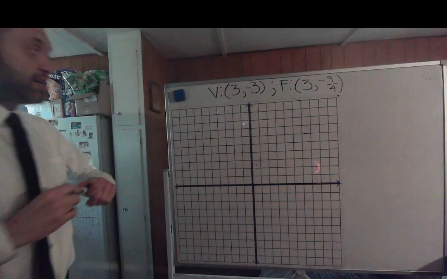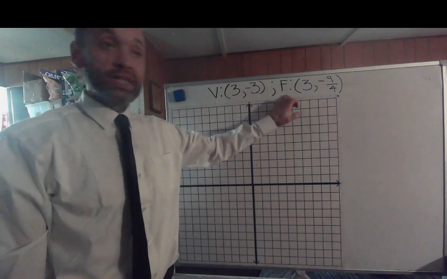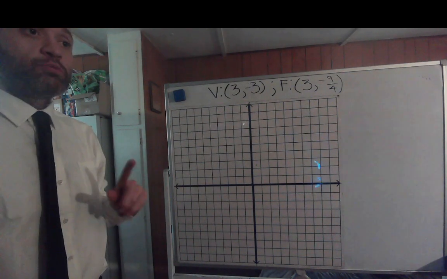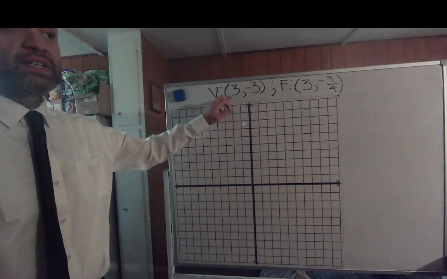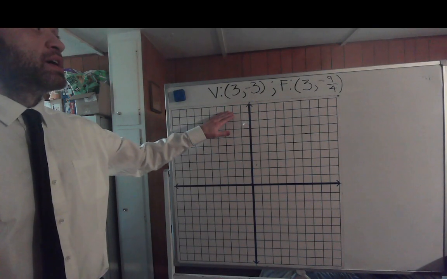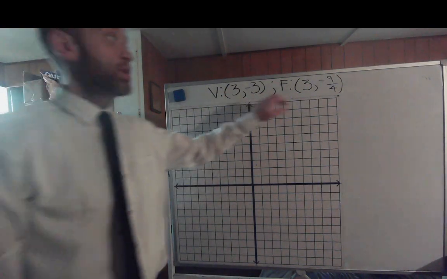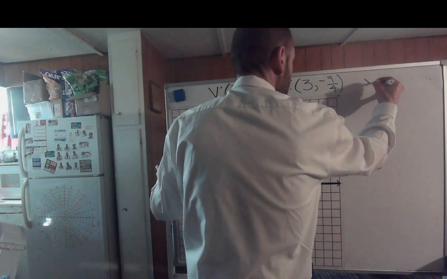So we've been given the vertex of this parabola at 3, -3. The focus is at 3, -9/4. What coordinate does not change between the vertex and the focus? The x-coordinate doesn't change, right? That stays the same, but your y-coordinate does change. That means we can establish y-axis symmetry.